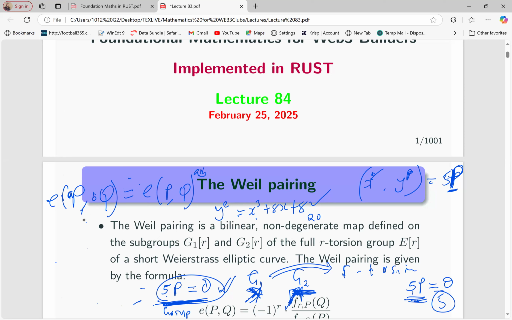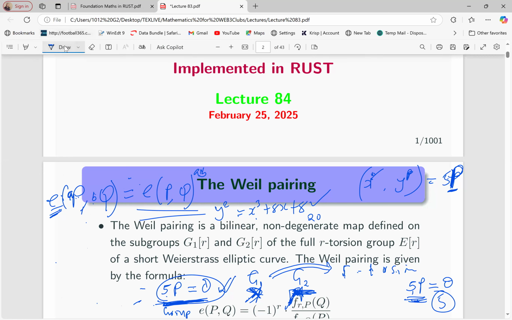So this is what pairing will be doing. Just picking a point from this, another point from this, then you do this map. That is then what we call Weil pairing. But you can see where it comes from.